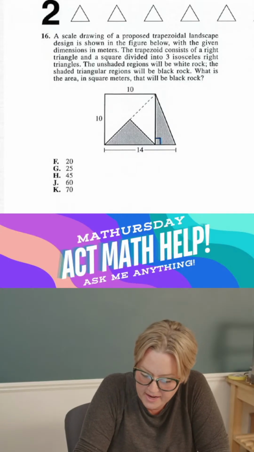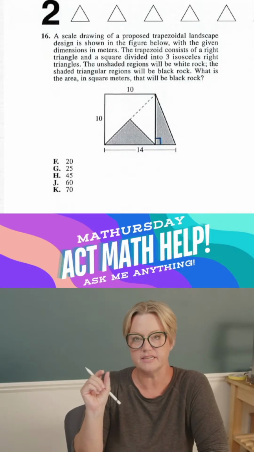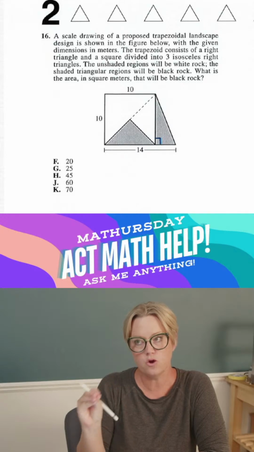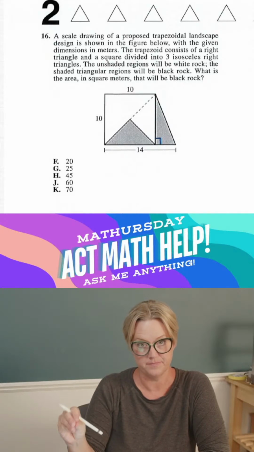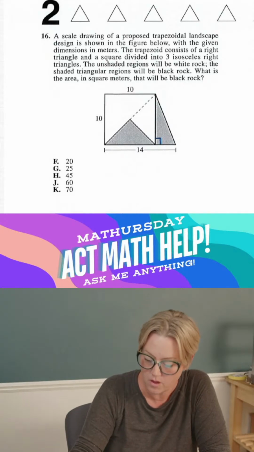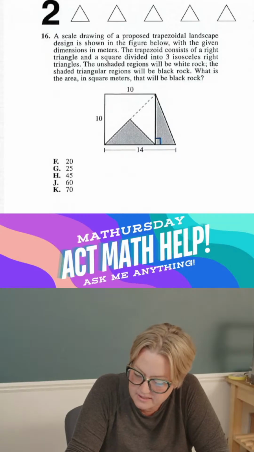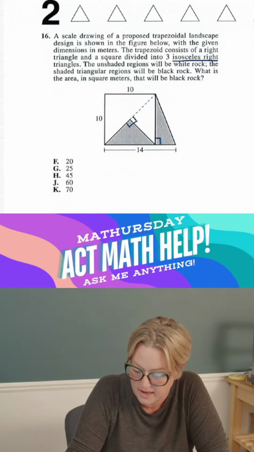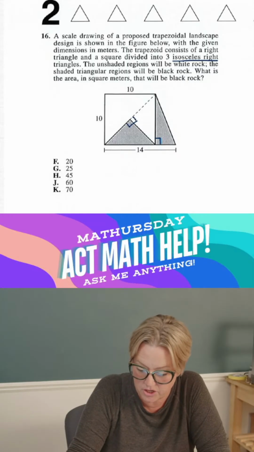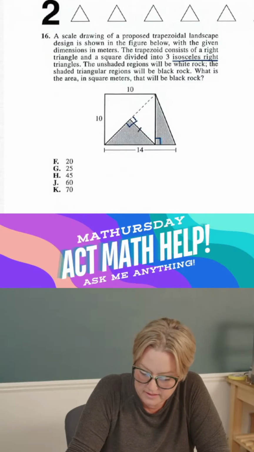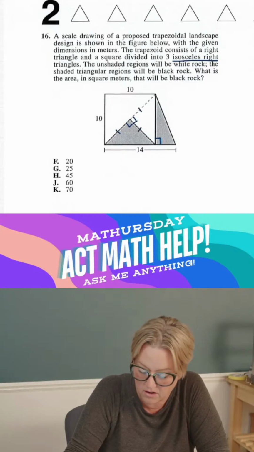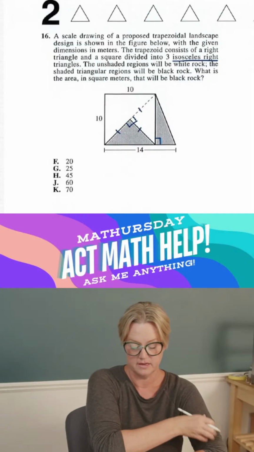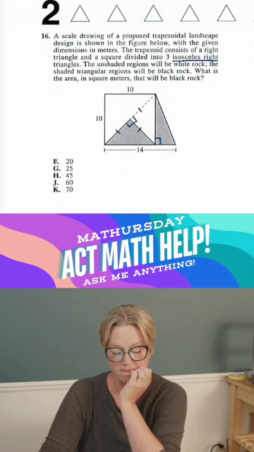Isosceles means that it's got 2 equal side lengths. So 2 of the sides are equal. Since it's isosceles and right triangles, I know that these are 90 degrees, and I'm also going to know that these sides are all going to be congruent.